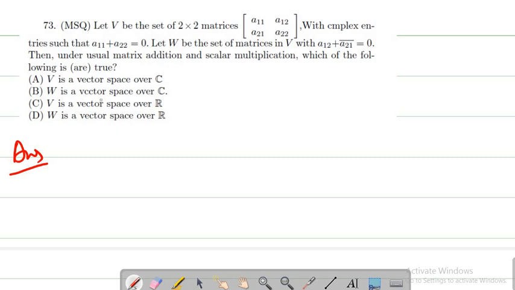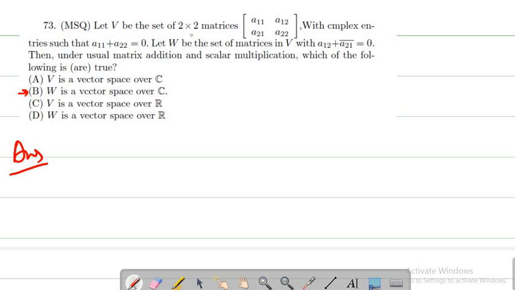Suppose you take option B, whether W is a vector space over C. W is actually a subspace of this particular vector space, or how can we check whether W is a subspace of V.